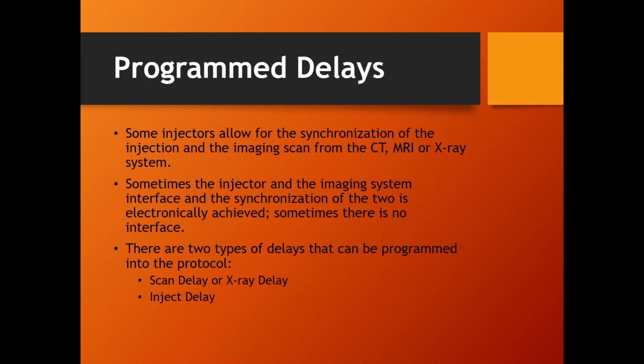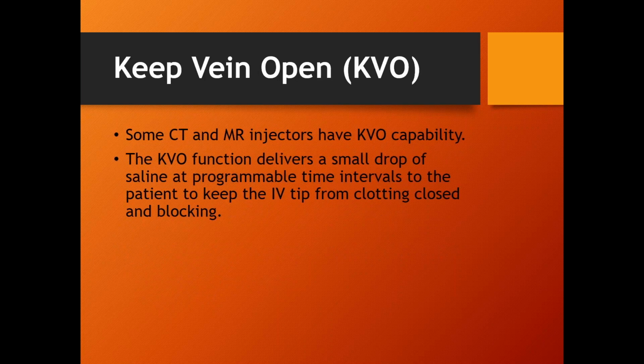And the opposite is called a scan delay or X-ray delay, where I start both of them at the same time. My injector will immediately start injecting, but for whatever reason, we don't want the imaging system to start imaging at that moment. We want to pause that 1, 2, or 3 seconds. So those are the 2 different kinds of delays, but they go by 3 different names: inject delay, scan delay, X-ray delay.